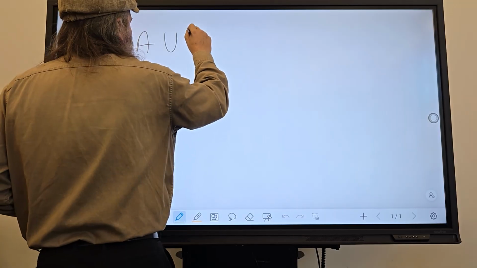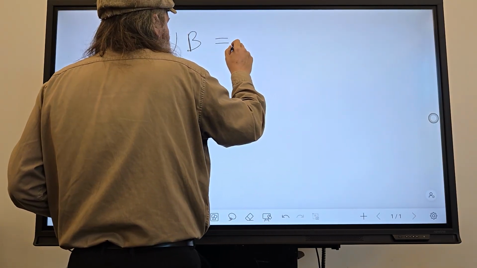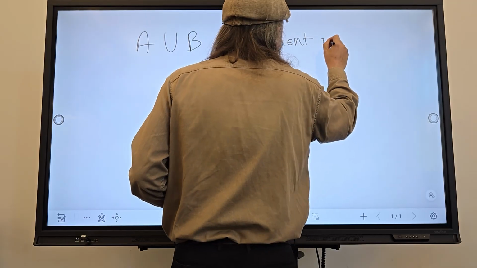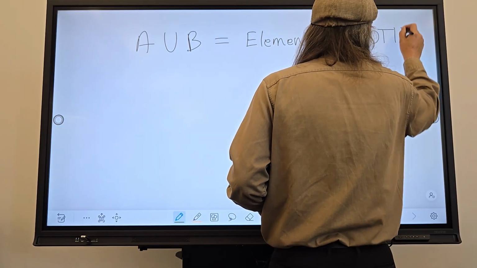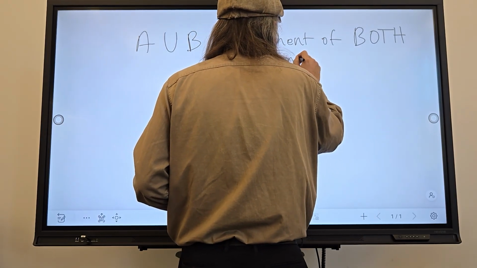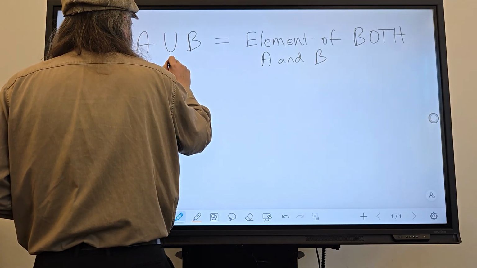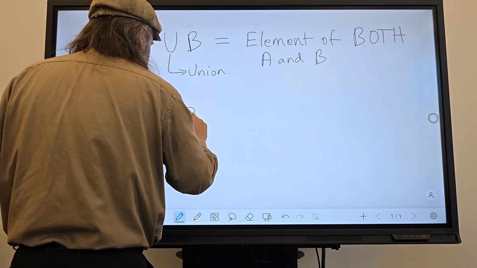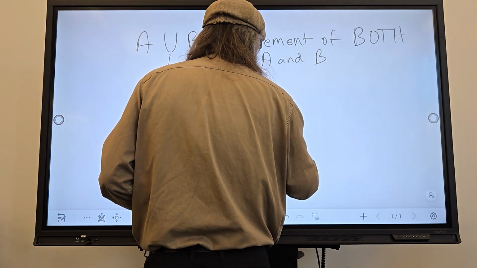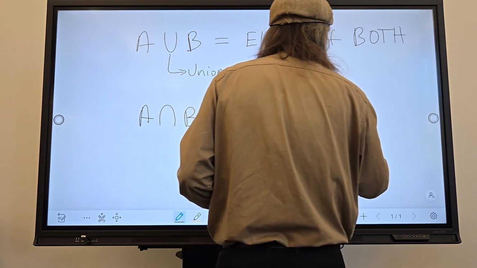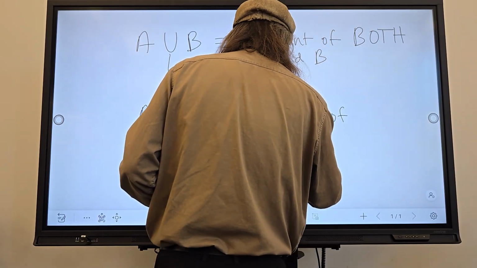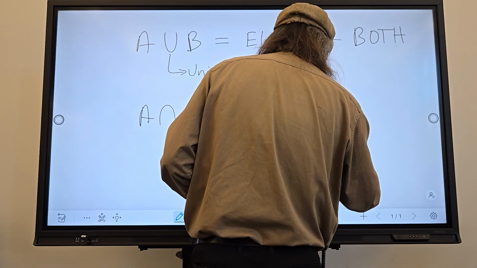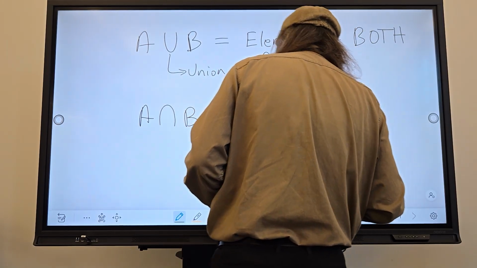A union B equals the elements of both A and B. A intersection B equals the elements of A and B. That's the intersection.